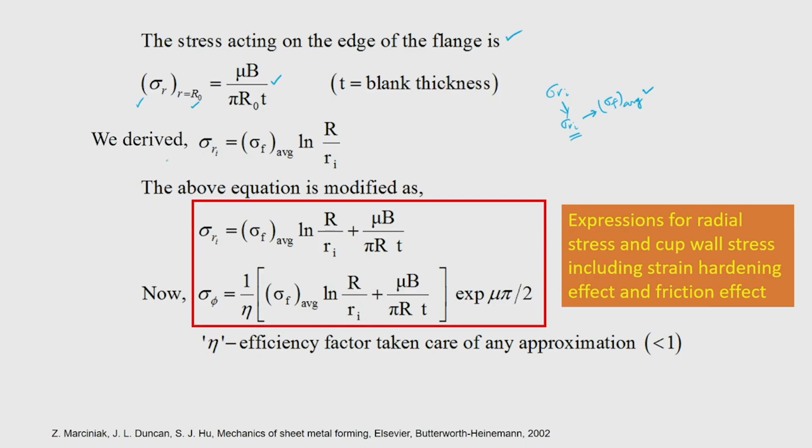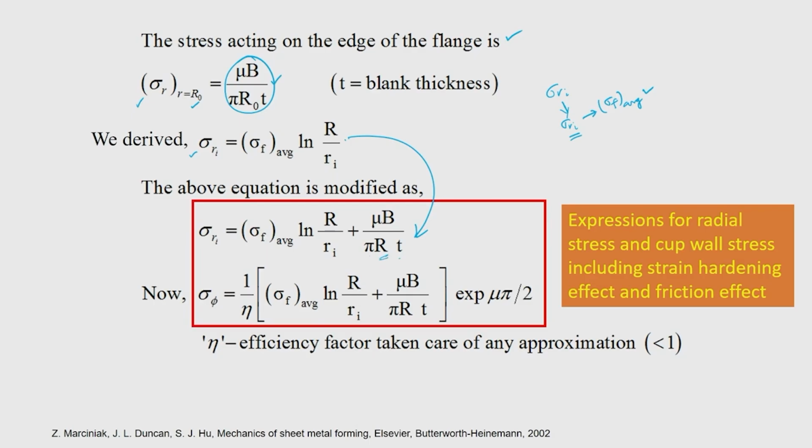So, what we have done here is we derived sigma r is equal to sigma f average ln of r by ri, right. So, this equation I am going to modify like this. I am just going to add this part to this part. So, sigma r is equal to sigma f average ln of r by ri plus mu b by pi r t, where r is actually the changing radius.